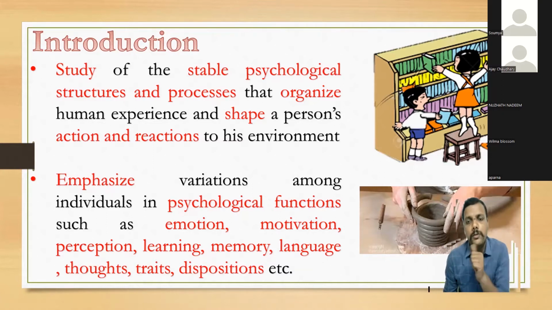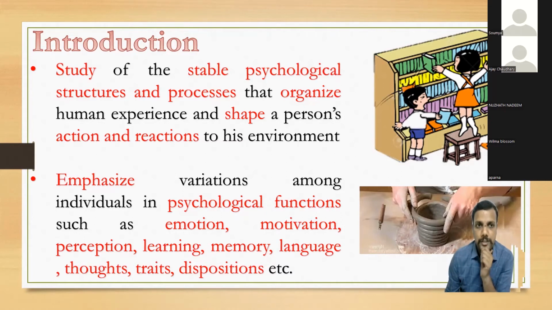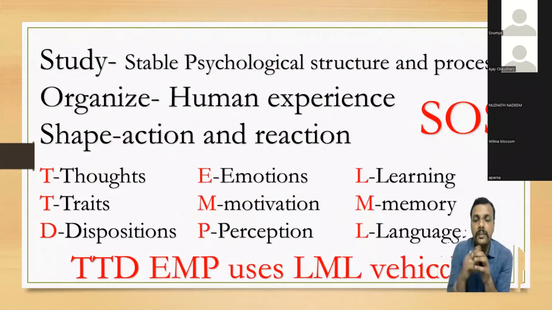You should remember this definition: the study of the stable psychological structure and processes that organize human experience and shape a person's action and reaction to his environment. How to remember this? It is study. Study of stable psychological structure and processes. Structure and process we should remember, because this unit is dedicated to structure and process.